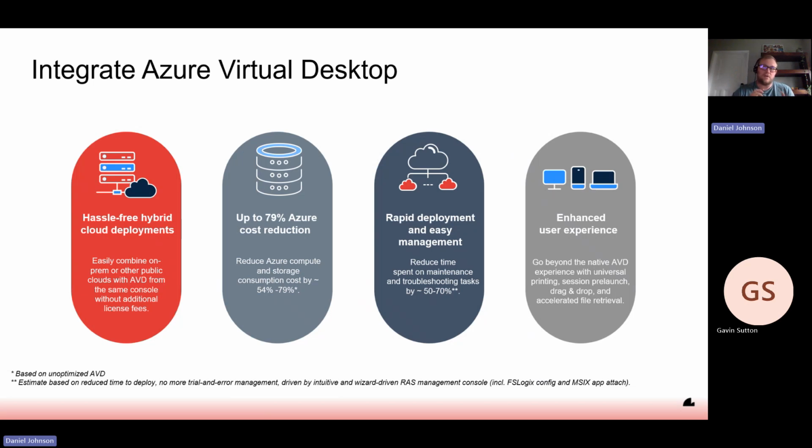So the benefit you get from that is if AVD updates something, we get it straight away natively. We don't have to wait for our R&D guys to go away and do some research and update as such. What you will get is all the full benefits of AVD, Teams optimization, 365 available, any legacy applications that we can get containerized and into the AVD solution, we can deliver those.